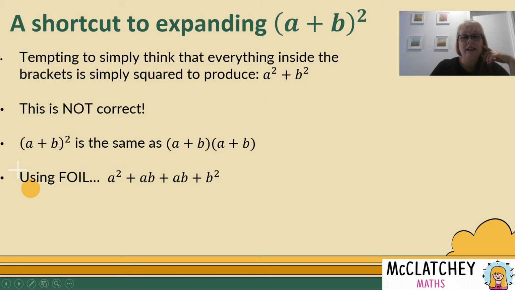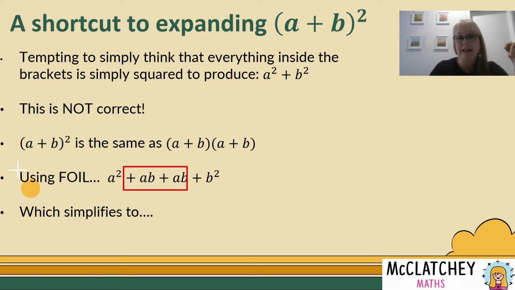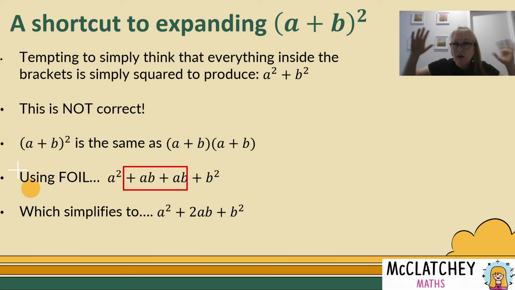Now, in that centre part there, we've got two lots of ab, so that becomes 2ab when we simplify that expression by collecting our like terms. So we can see straight away that when we expand a perfect square, we're going to get a three-term answer. a squared plus 2ab plus b squared. It is not going to expand to just a squared plus b squared.